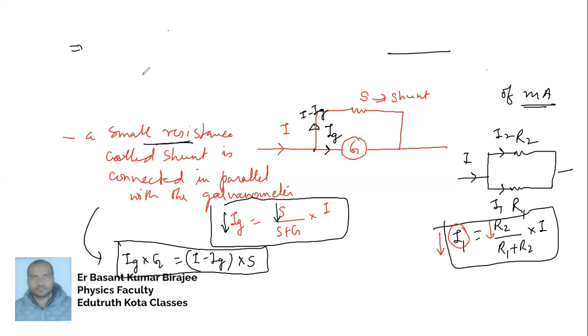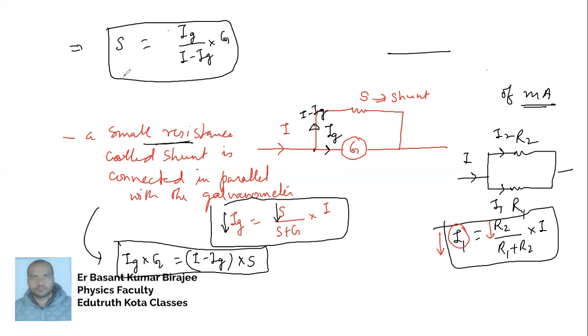If you want to calculate the value of the shunt, you can write S equals Ig G divided by I minus Ig, and using this formula we can calculate the value of the shunt.